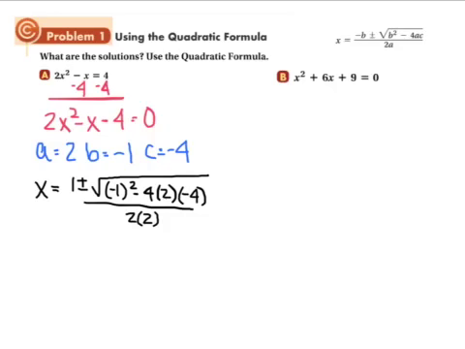Now we're going to simplify. You need to be able to write this part of it out. The simplification part you can do on a calculator, but this part you need to have written out.